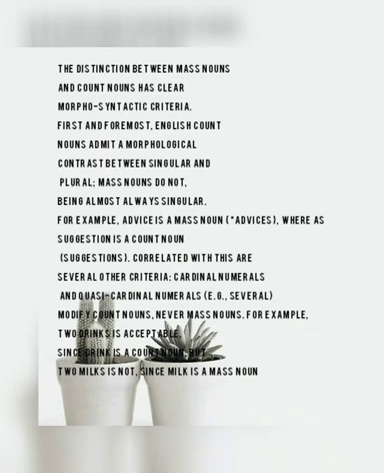Correlated with these are several other criteria: cardinal numerals and quasi-cardinal numerals, e.g. several, modify count nouns, never mass nouns. For example, to say a drink is acceptable, since drink is a count noun, but to say a milk is not, since milk is a mass noun.